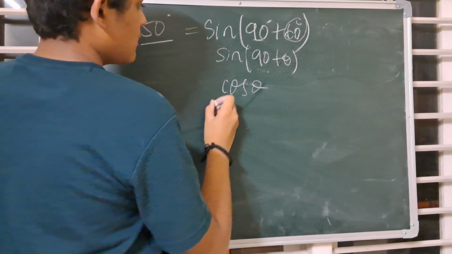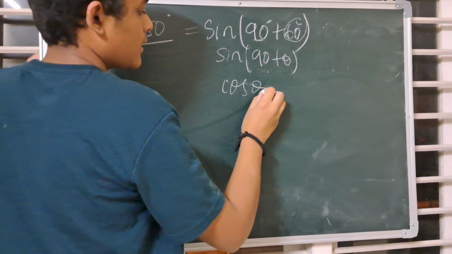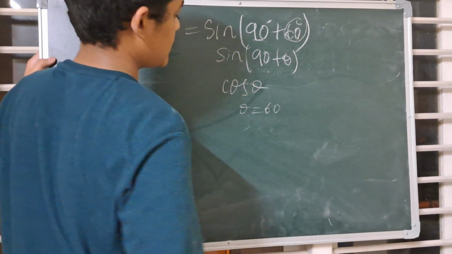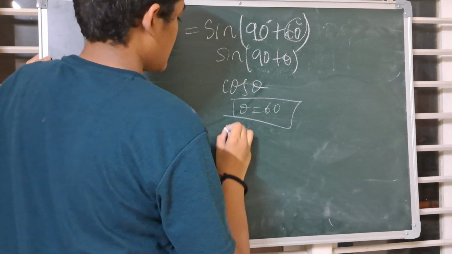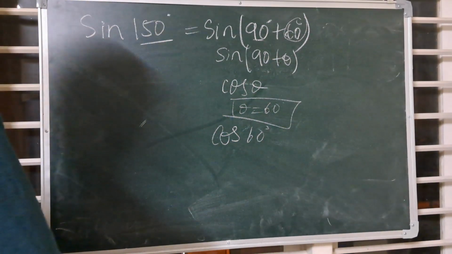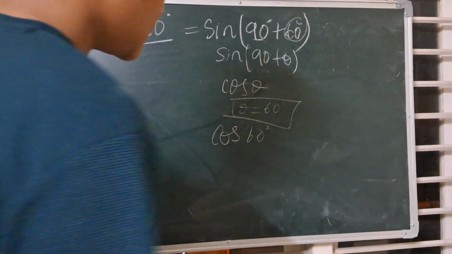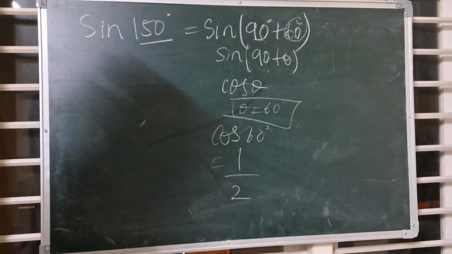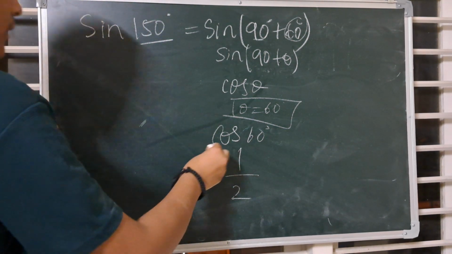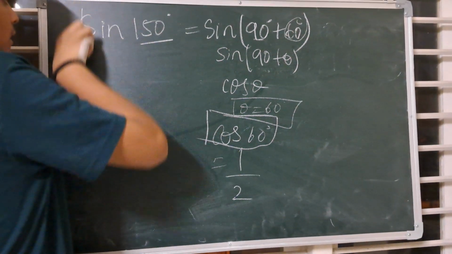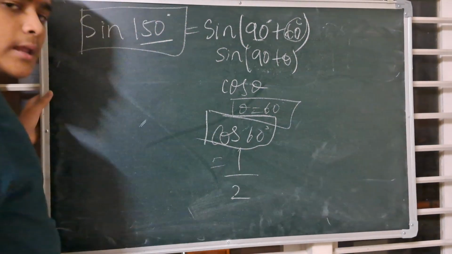That means in the case of theta, we have 60 degree. So theta is equal to 60. We will get the answer as cos 60. So cos 60 value is 1 by 2. So from here we can say that the value of cos 60 and value of sin 60 are equal.